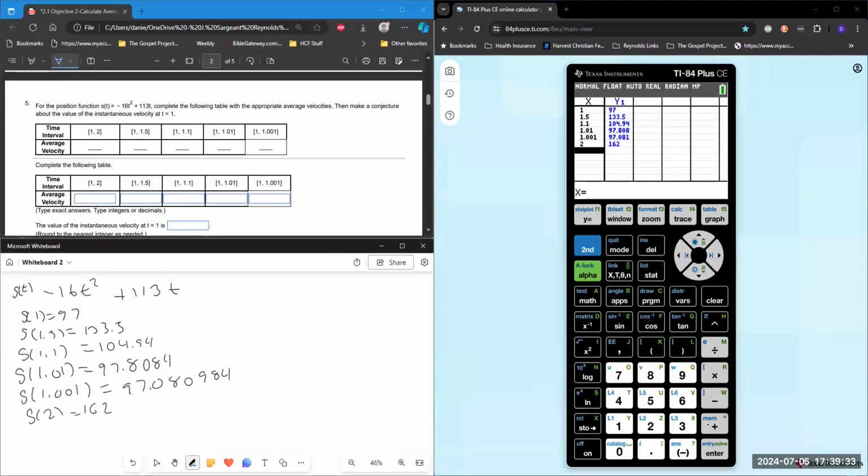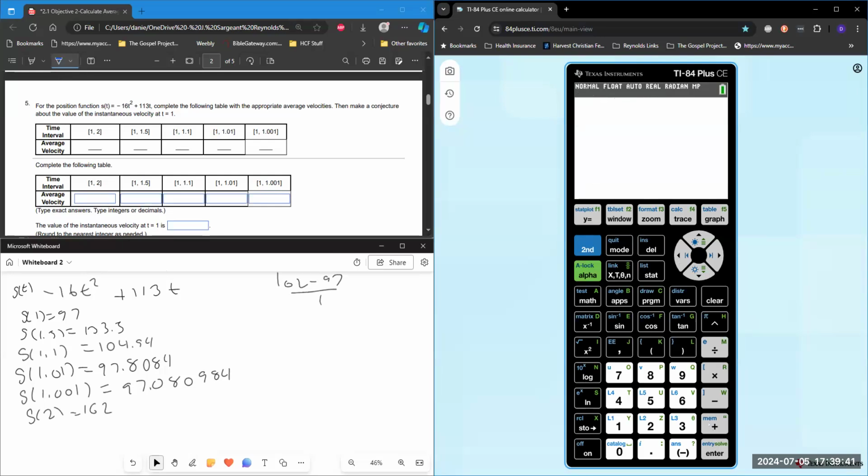Okay, so 162 minus 97 over 1. It's going to be 65. That's not a very good estimate. Then we have 1.5, so 133.5 minus 97 over 0.5. 73.